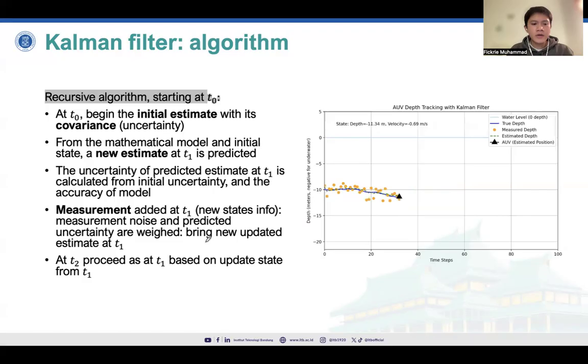At the next time step, it calculates the same way, but based on the previous updated state, not on the measurement state from that time, but on the combined updated state.